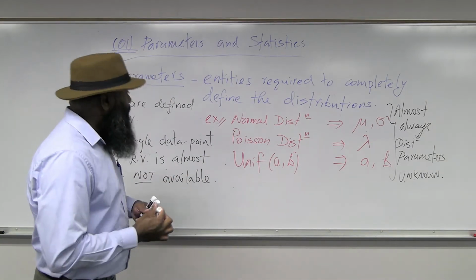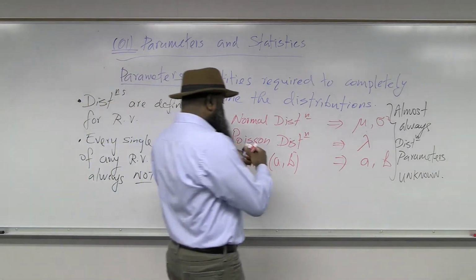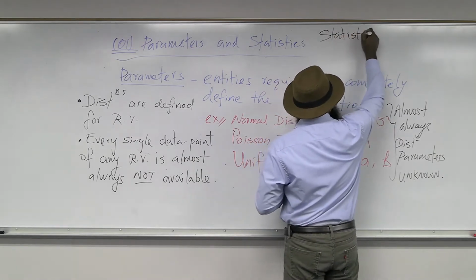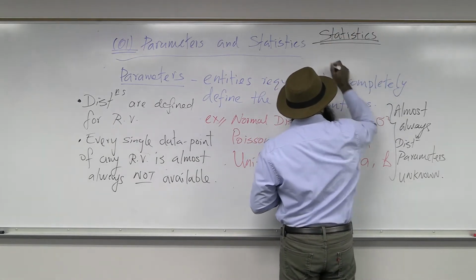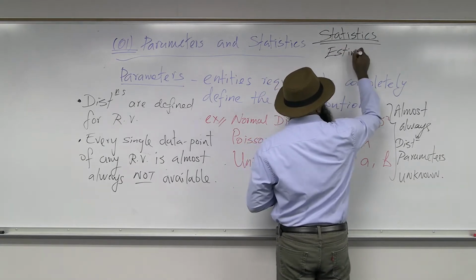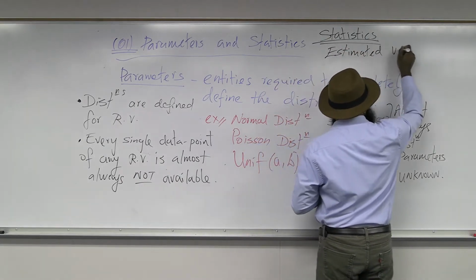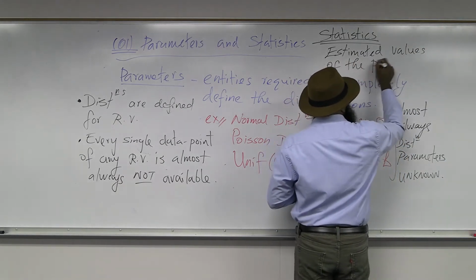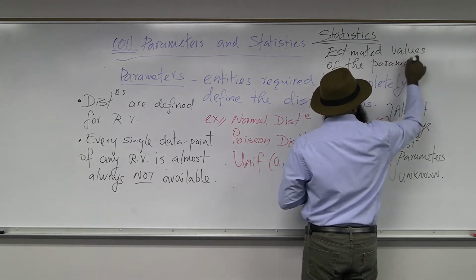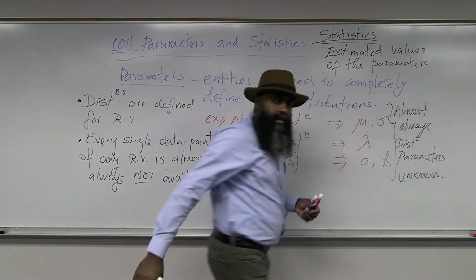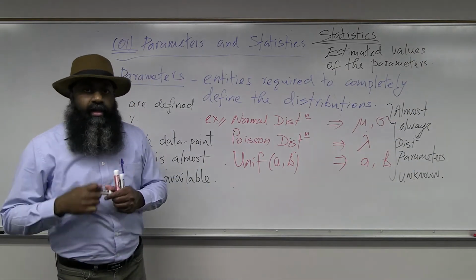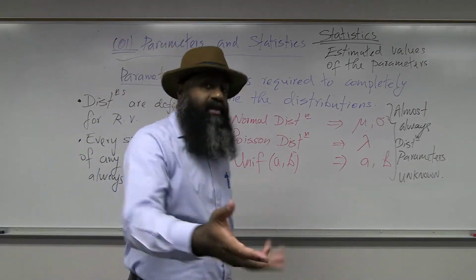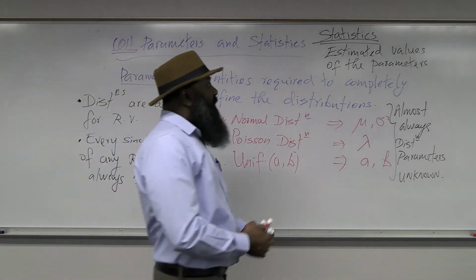Now we can define the statistics. The statistics are defined as estimated values of the parameters. We've already seen a couple of estimated statistics, estimated values of the parameters or the statistics.